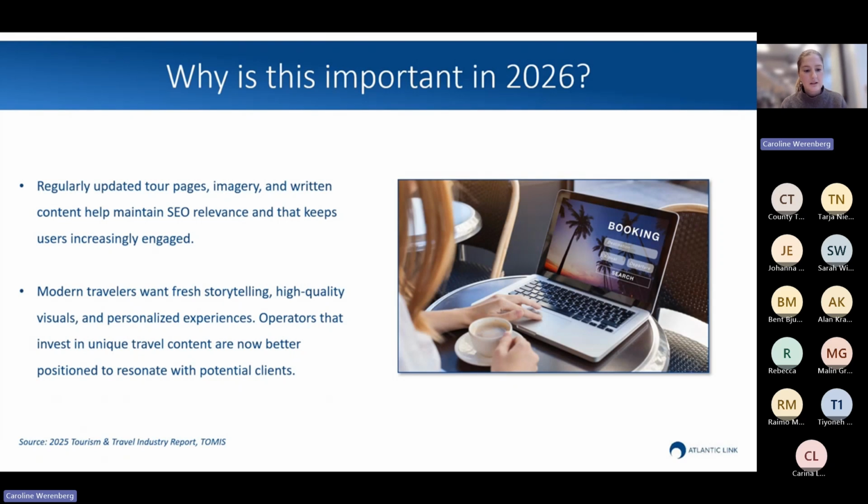Of course we can sit here and talk about why we think it's important that you use the content that we get from the destinations, but the fact is also that research shows that regularly updating pages with up-to-date content and high visuals helps increase SEO relevance, and it keeps users increasingly engaged.